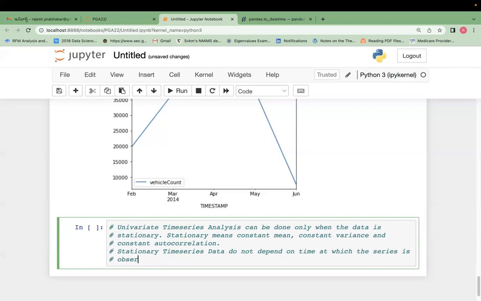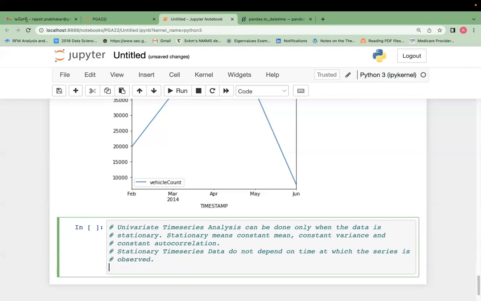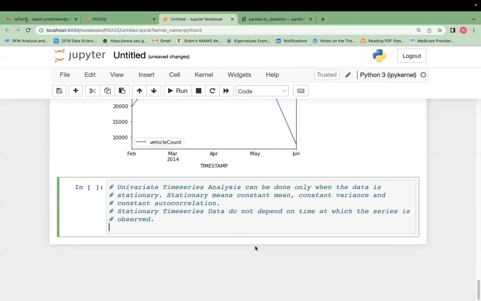So time dependency will not be there. That is what stationary means. The properties of the data do not depend on time. That is the definition of stationary.